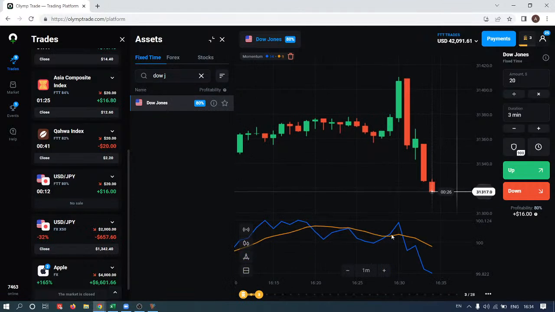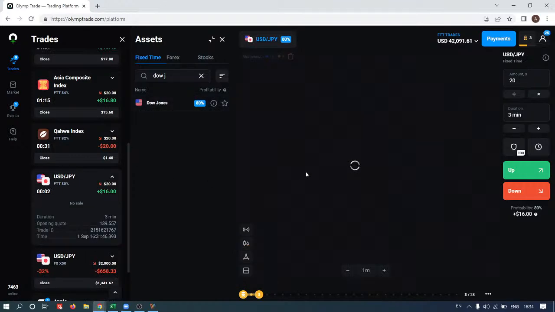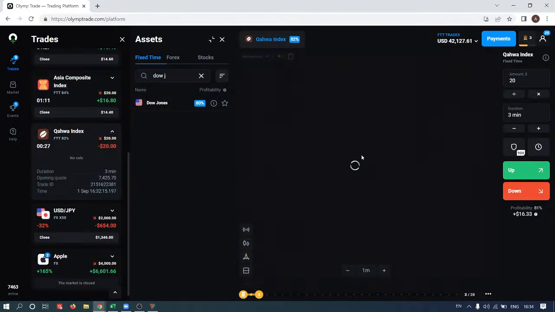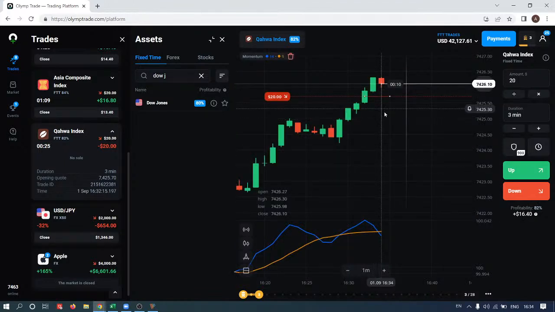Even though I don't really like this up move and then this huge drop, but anyways. The index just keeps going up, and then another signal has just appeared.